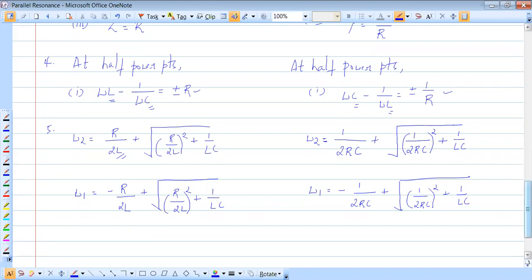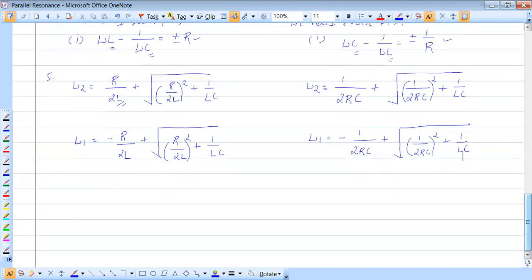So what was the bandwidth here in series resonance circuit? Bandwidth is omega 2 minus omega 1. Anybody, do you remember this equation? Omega 2 minus omega 1 for series resonance is given by R by L. Anybody, what would it be for parallel resonance?